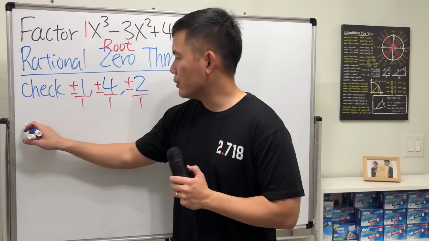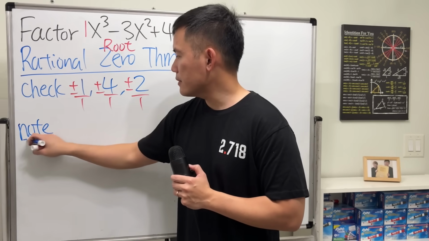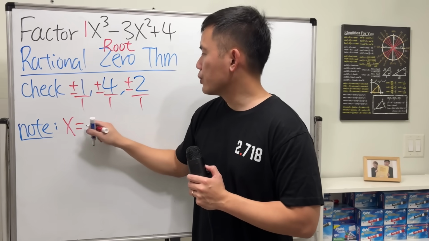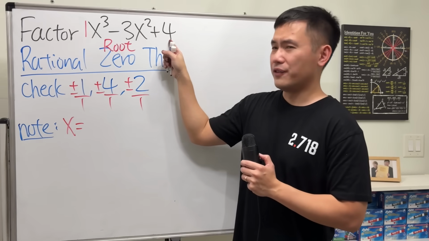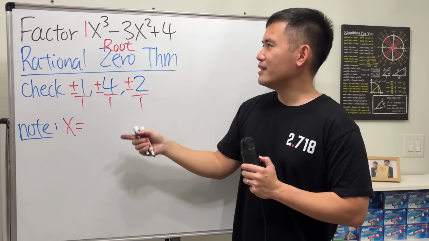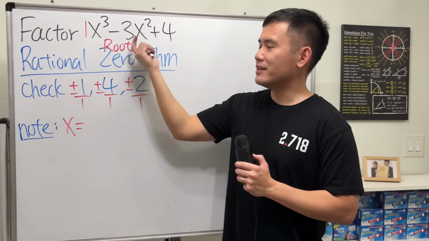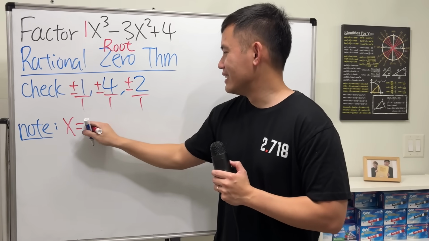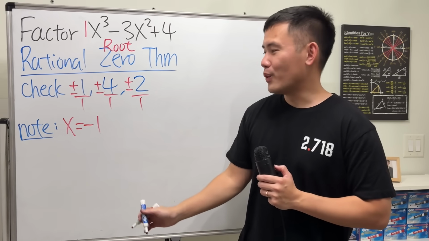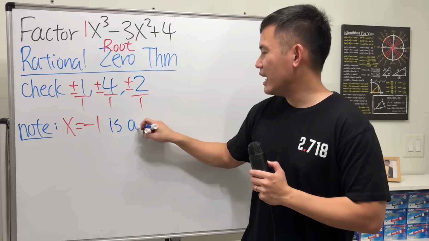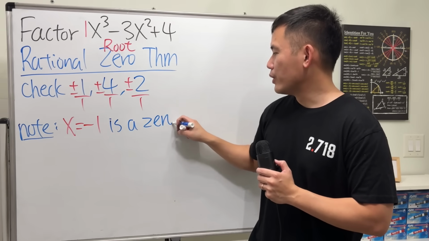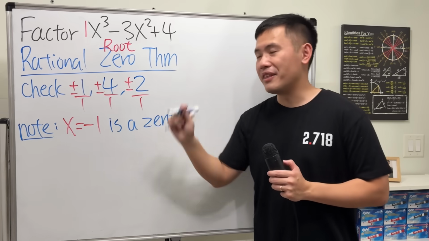And I will tell you, note that if you check x equal to negative 1, because you see the 4 and the negative 3, if you can make this negative 1, it will be perfect, and it does. When x is equal to negative 1, we get 0, or you can also call this a root, same thing.